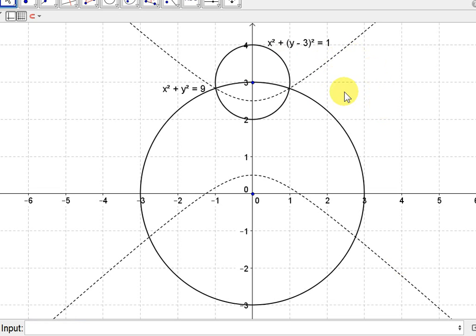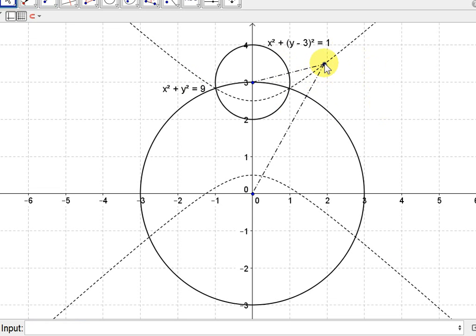So I'll pick a point on the curve. So I'll put this point onto the curve. So this point will be the center of a circle that touches both of these circles.